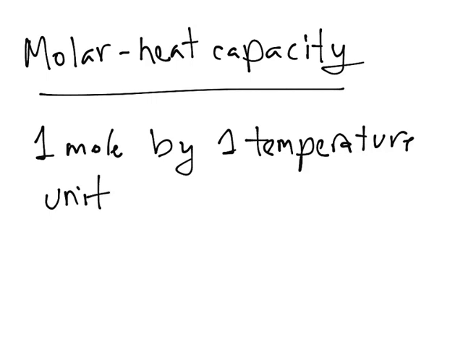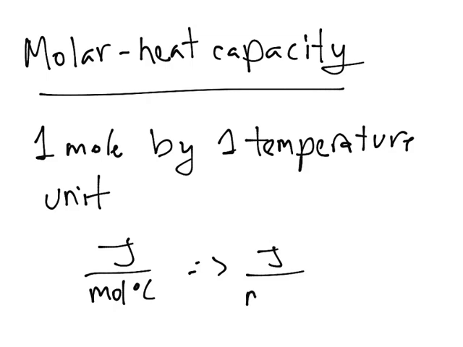So again, it's the energy or heat required to change 1 mole of substance by 1 temperature unit. So the units of this one will be in joules per mole Celsius or joules per mole Kelvin.